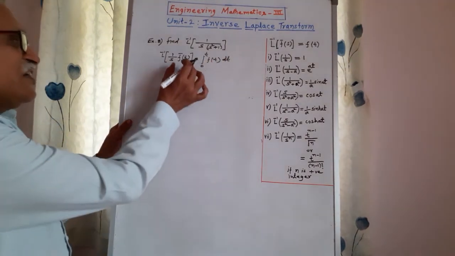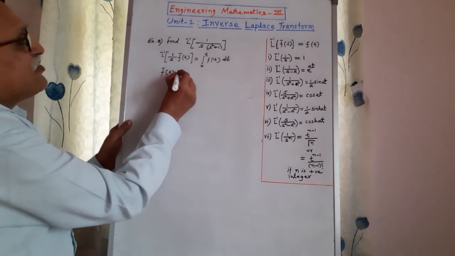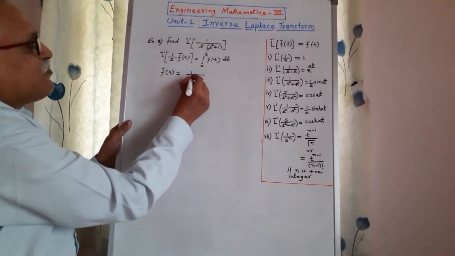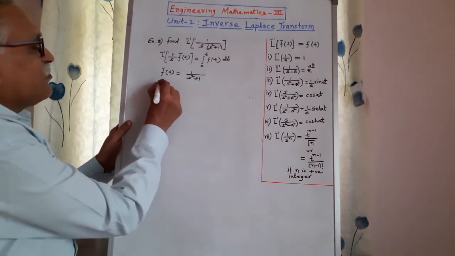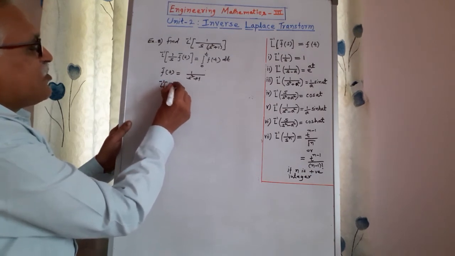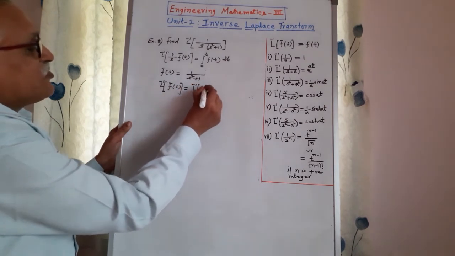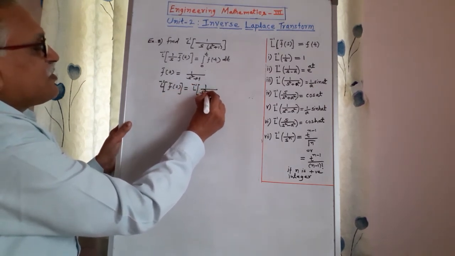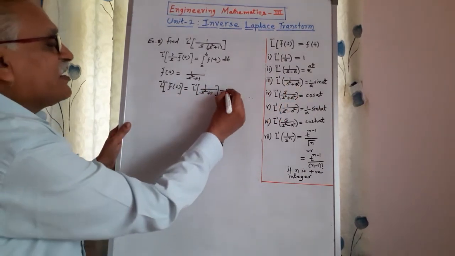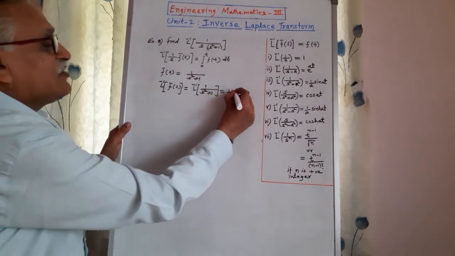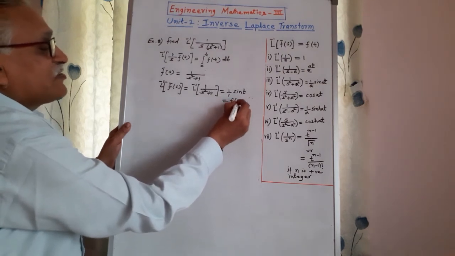Here f bar of s we consider as 1 upon s square plus 1. Find its inverse. Therefore, inverse Laplace of 1 upon s square plus 1, using this standard result, is 1 by a, a is 1, therefore 1 by 1 sin t, and we call this f of t, say.